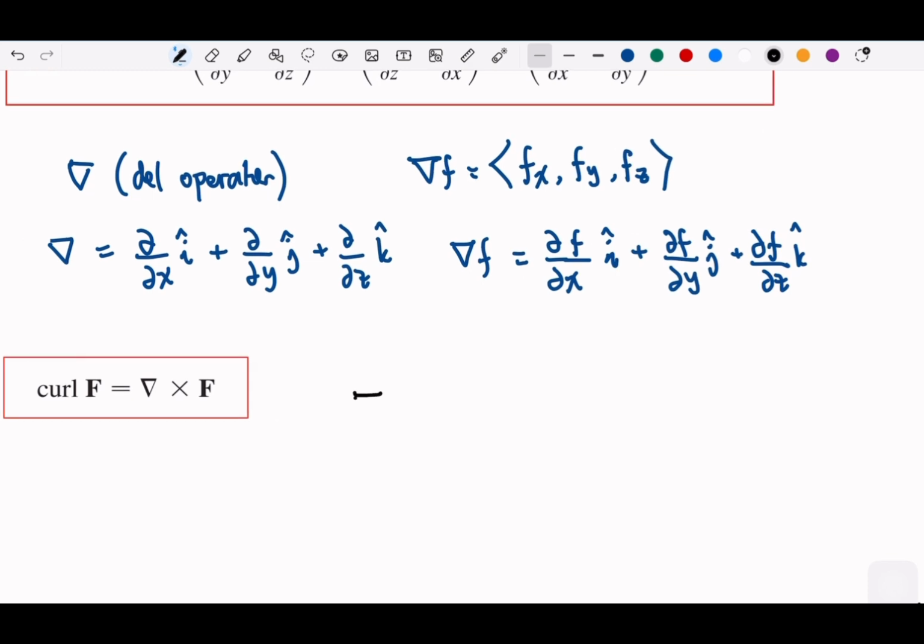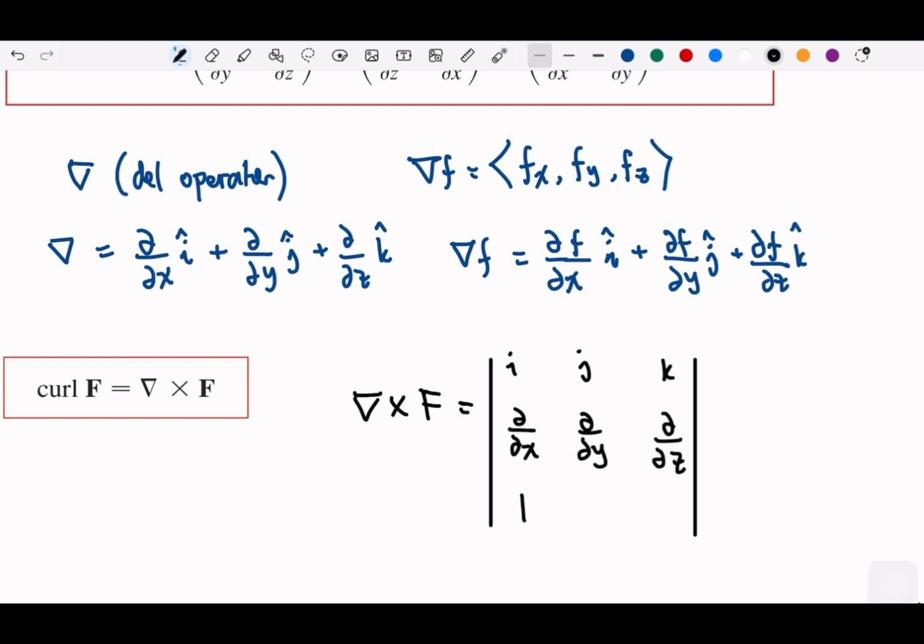So let's say this is the cross. Because it is in terms of vectors, I will take the 3 axes, i, j, k, on the top, then the del will be dou x, dou y, and dou z.